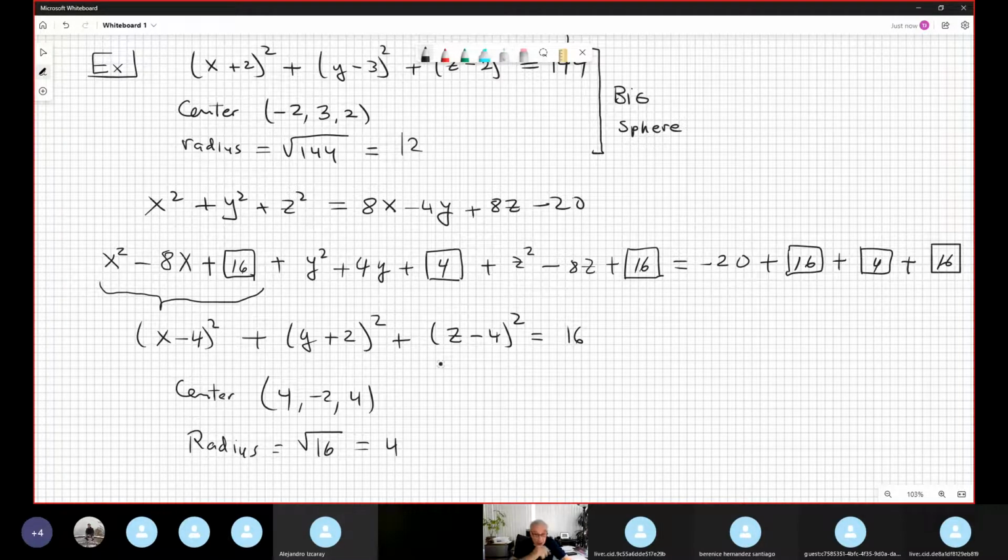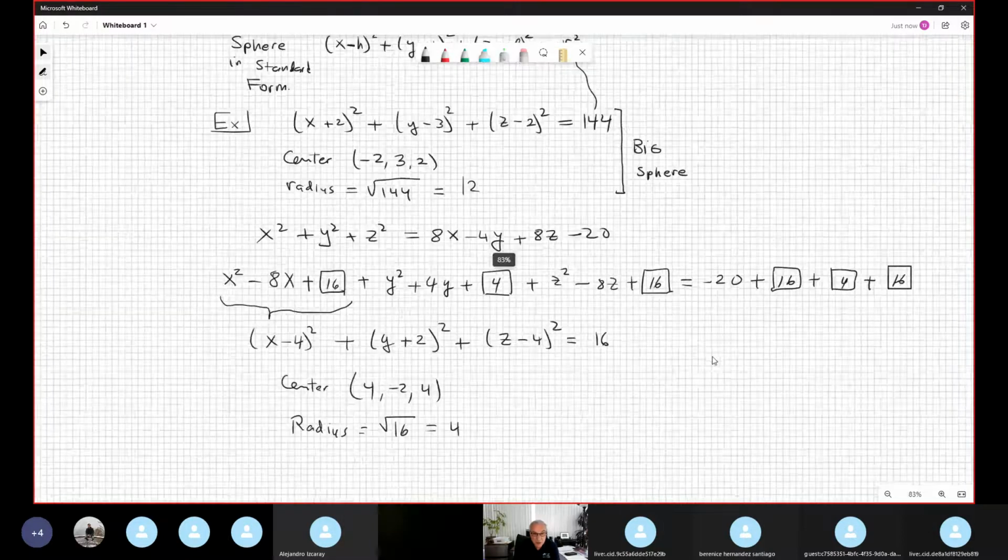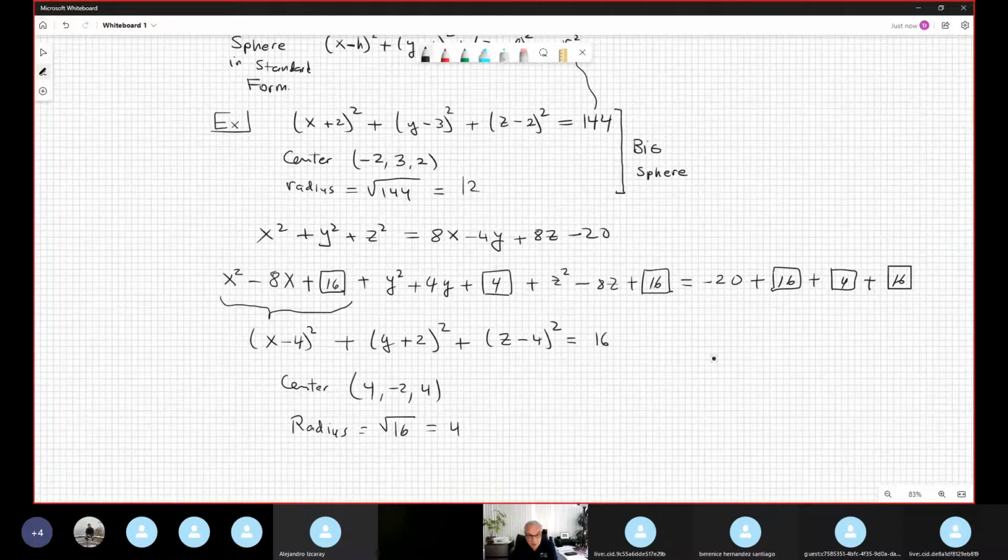Okay. Now, okay, Professor, I understand, but what is the point? Well, we have two spheres. We have the big one, and we have the small one. Small sphere. I want to investigate if the small sphere is completely inside the big sphere or not.